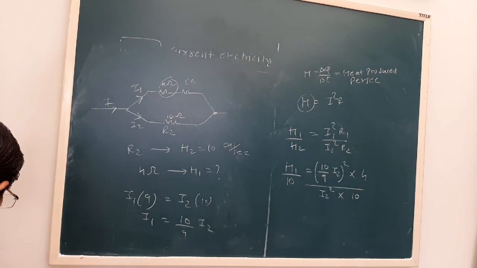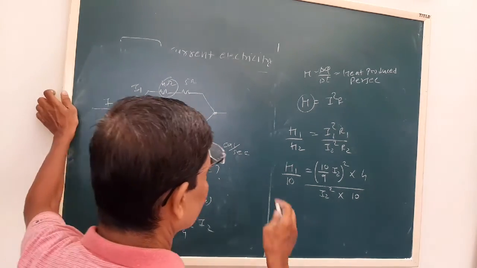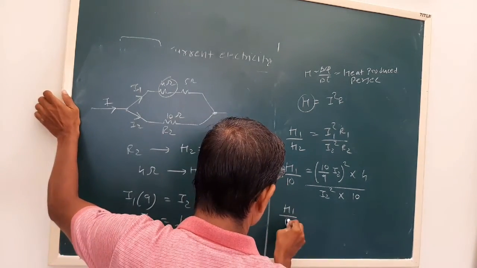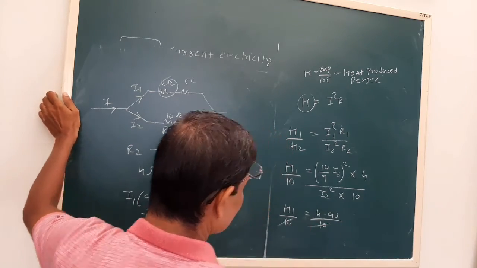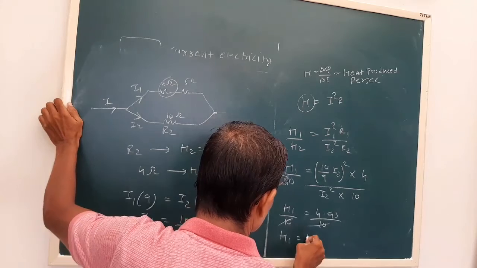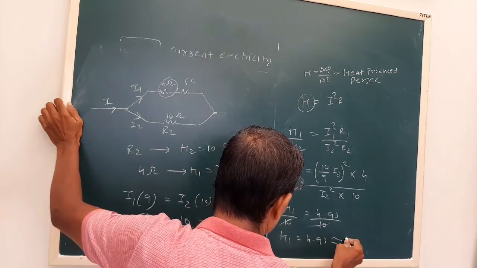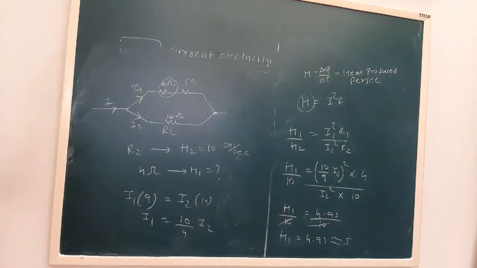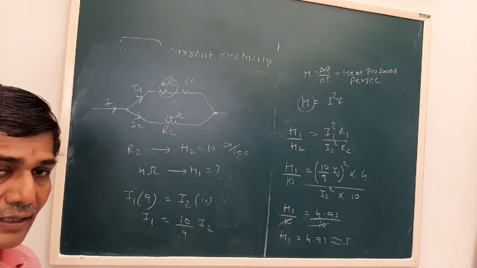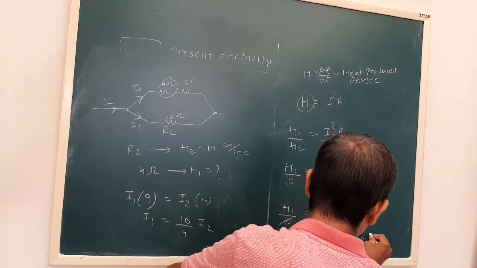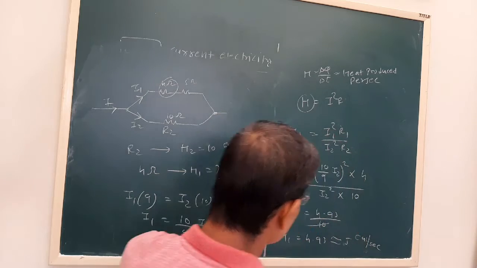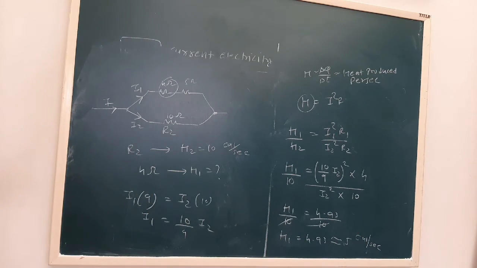Roughly you'll get 4.5, 10 I am keeping as it is. So nearest answer is 5. So the heat produced will be 5 calorie per second. See here, it is in calorie per second, but because there is a ratio, no need to convert. This is how we can solve. Now this is nothing but our MCQ number 26.